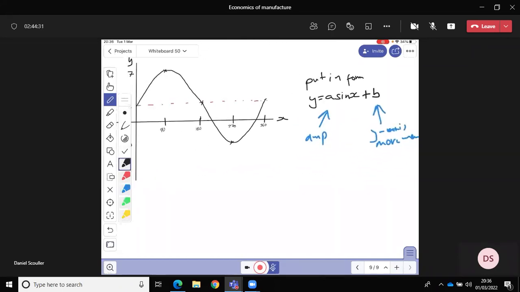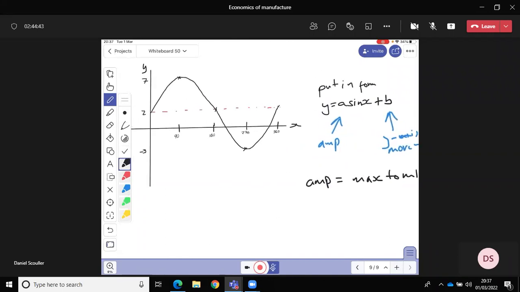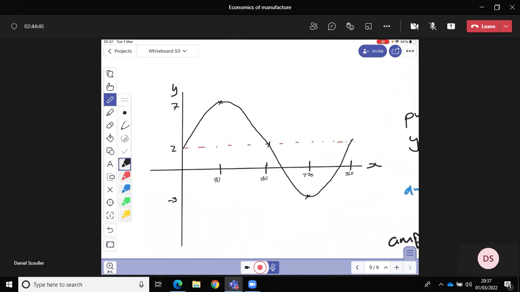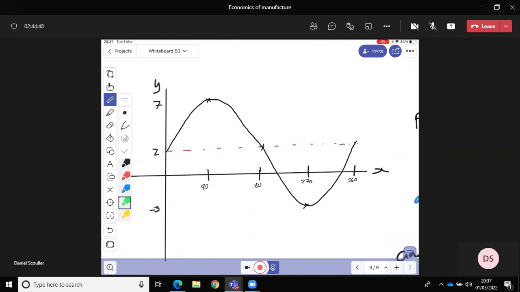Amplitude is equal sort of from your max to your minimum. Now it's a wee bit harder here because your max goes from your top, and then it crosses over at this 2 line and then it continues on until -3. So you're going 7 to 2, which is 5, and then 2 to -3. So you're going over 10 units.